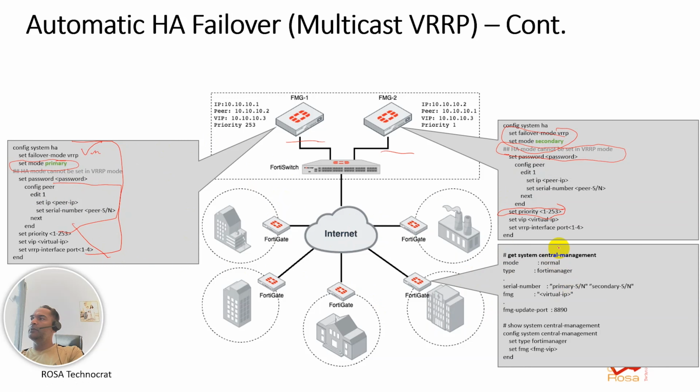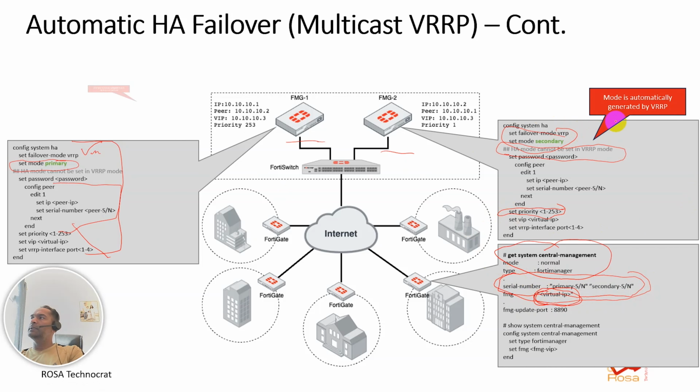Now when you check on the FortiGate with get system central-management, you will see the serial numbers of primary and secondary both pointing. That's the difference under VRRP. FortiGates will have both the serial numbers and they will be pointing to a virtual IP rather than the physical IP of the box.